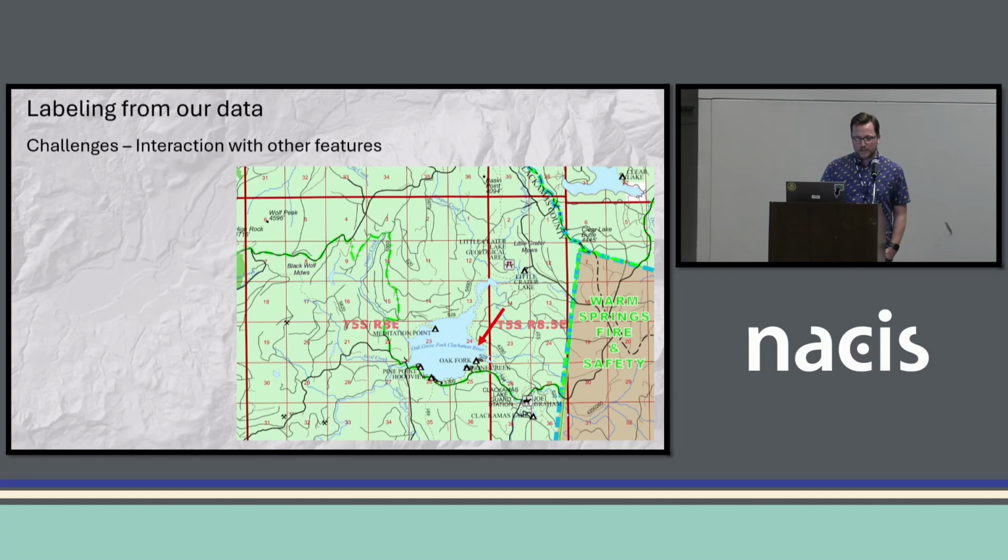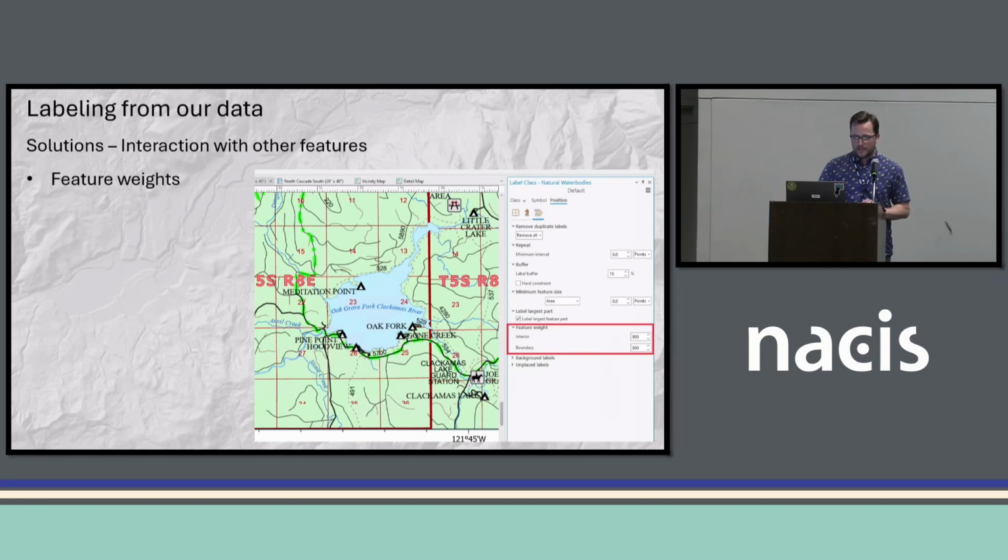Another challenge that we run into is all of these overlying features and where the label engine wants to put them. In this case, this stream is actually southwest of this lake, but the label engine says, but Carl, there's this really nice open space right here that's just perfect for labeling this stream. We do have a default feature weight that we use, basically saying, try not to label over water bodies if you can.